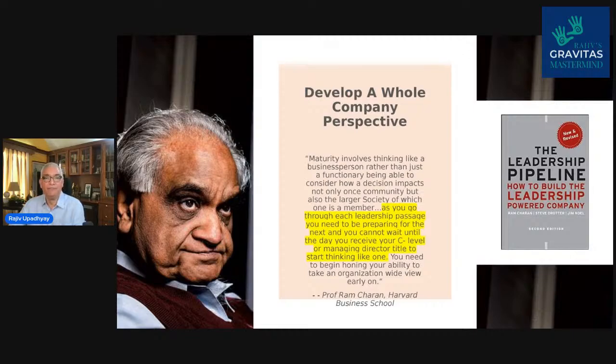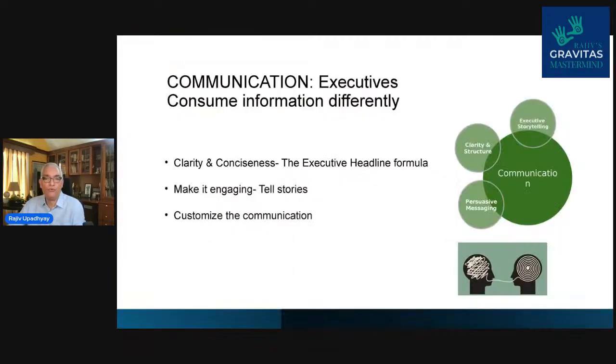All right. So let's move to the next one, which is communication. Executive communication, as I said, is very different from regular communication. Executives consume information very, very differently.